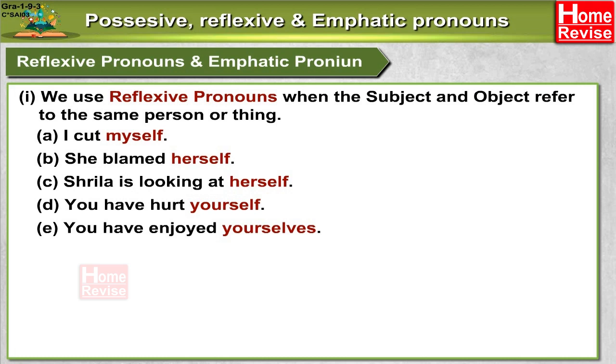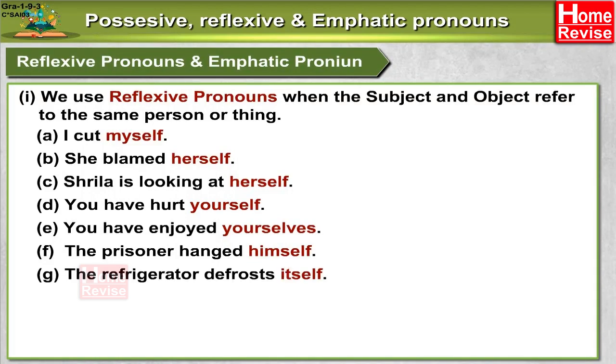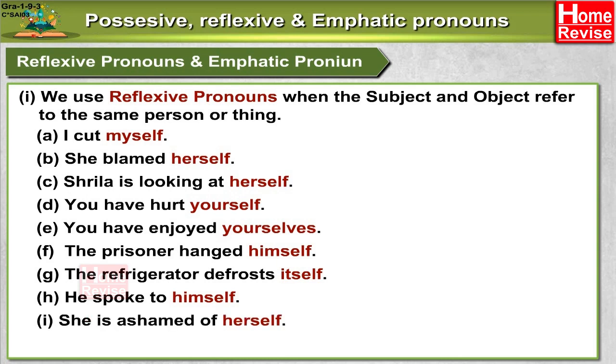E. You have enjoyed yourselves. F. The prisoner hanged himself. G. The refrigerator defrosts itself. H. He spoke to himself. I. She is ashamed of herself. J. They gave themselves much trouble.